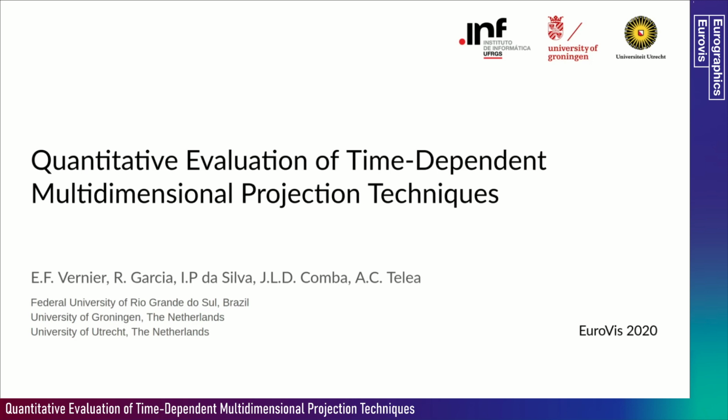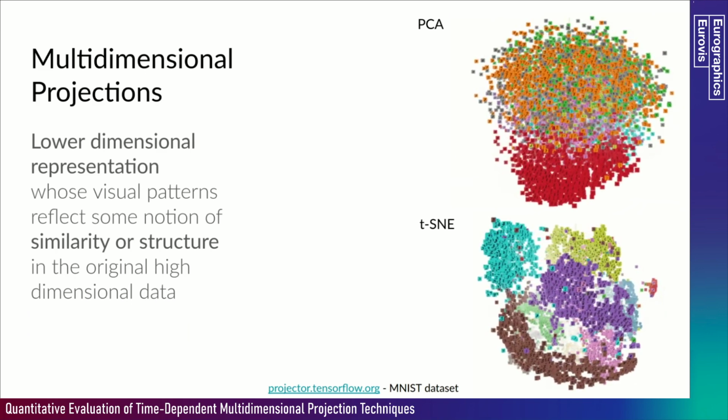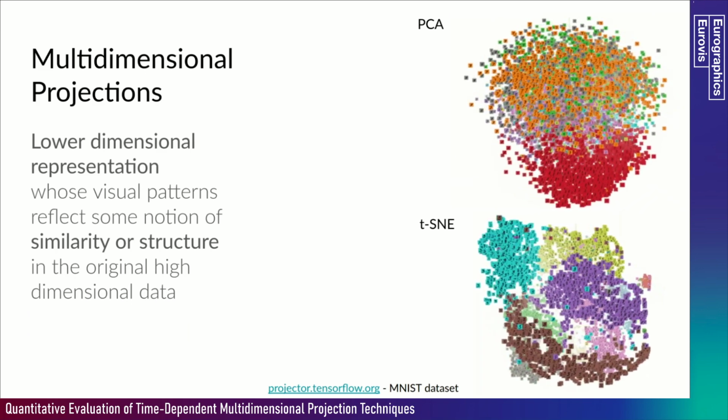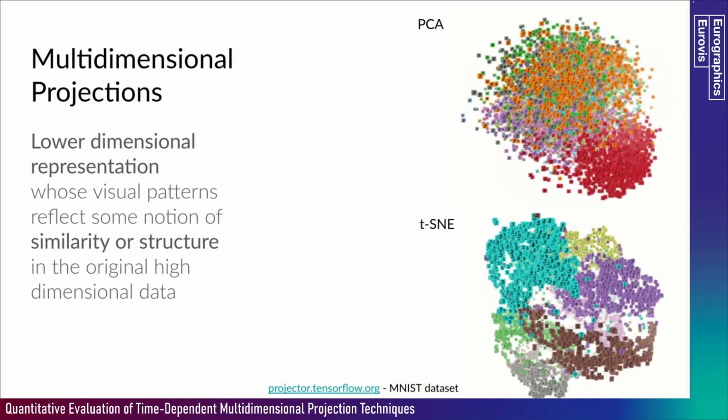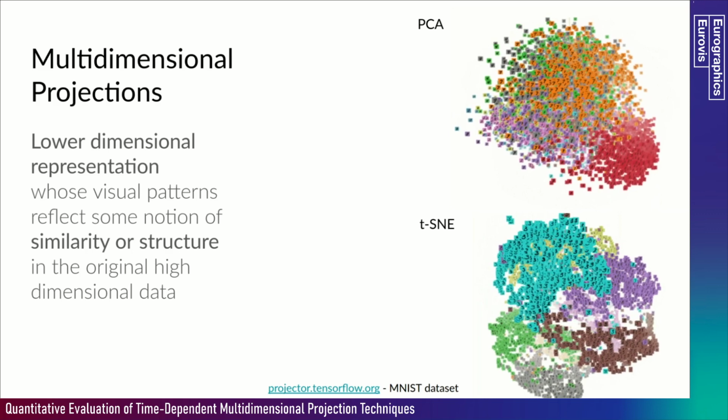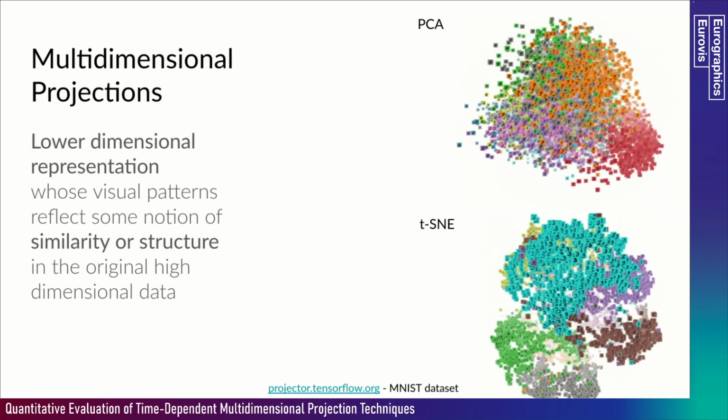I'm here on behalf of my colleagues to talk to you about time-dependent multidimensional projections. Projection techniques take high-dimensional data and create a lower-dimensional representation whose visual patterns reflect some notions of similarity or structure in the original data.